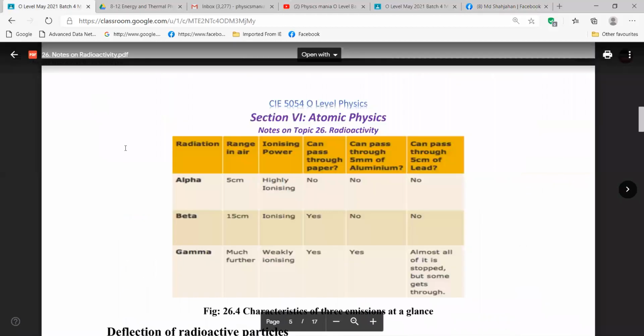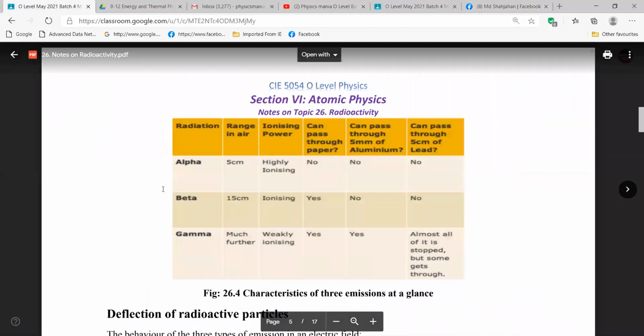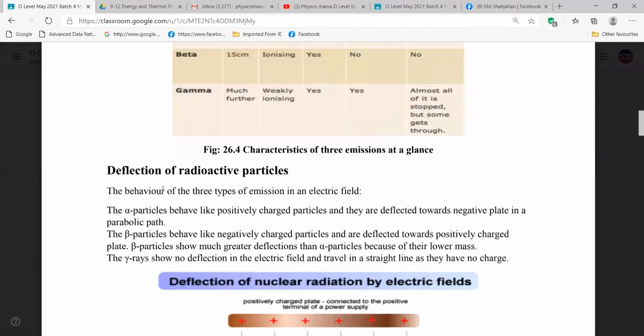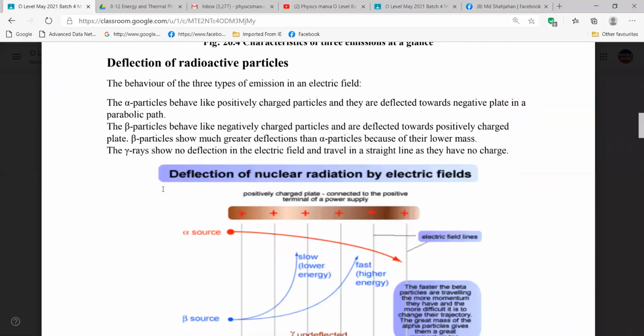So, you got the recording of the last class, right? In your messenger, I gave you the link. Now, detection of radioactive particles. You already have the idea that alpha particles have positive charge, beta have negative, and gamma have no charge.